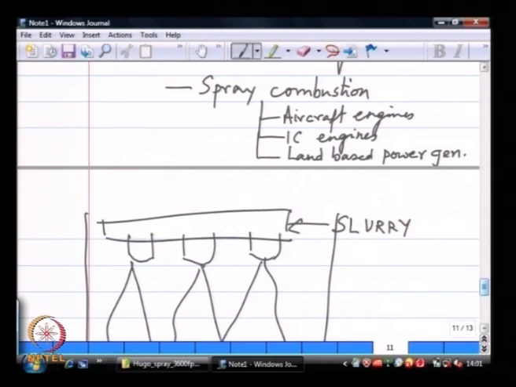I have all these different applications where I create a spray of some liquid fuel, burn it, and from the products recover heat to run a turbine or run an engine of some sort.